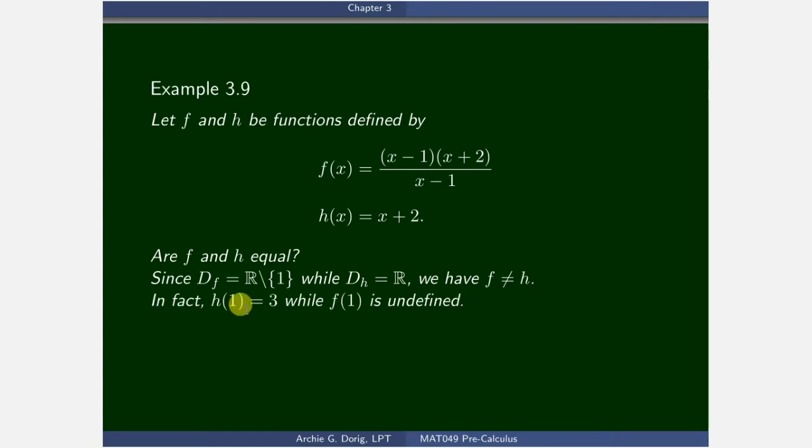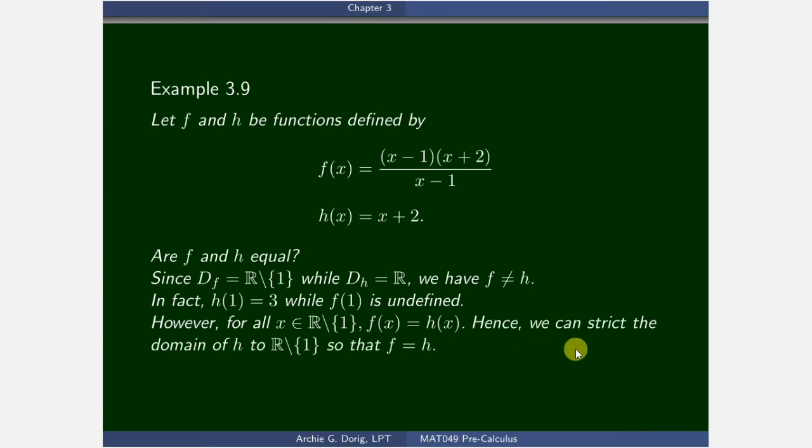In fact, h of 1 equals 3 here, and f of 1 is undefined. However, for all x in real numbers except positive 1, f of x and h of x are equal. Hence, we can restrict the domain of h to real numbers except positive 1 so that we can have f and h equal.